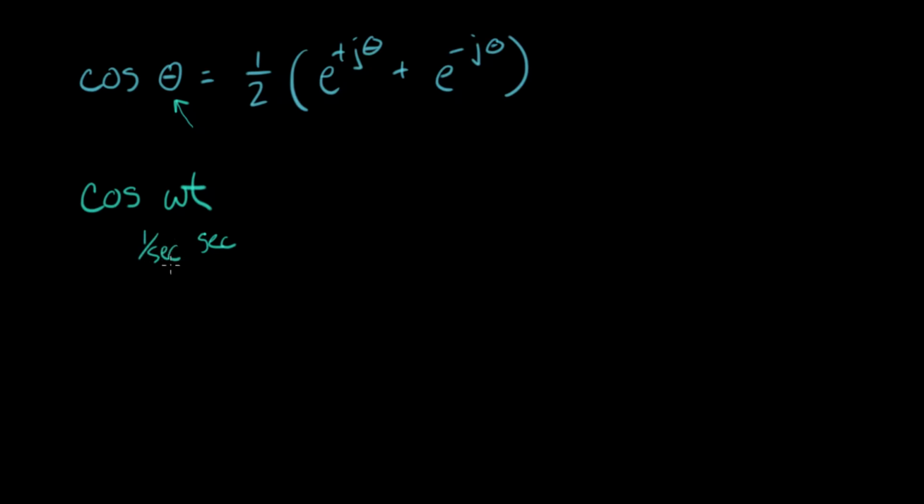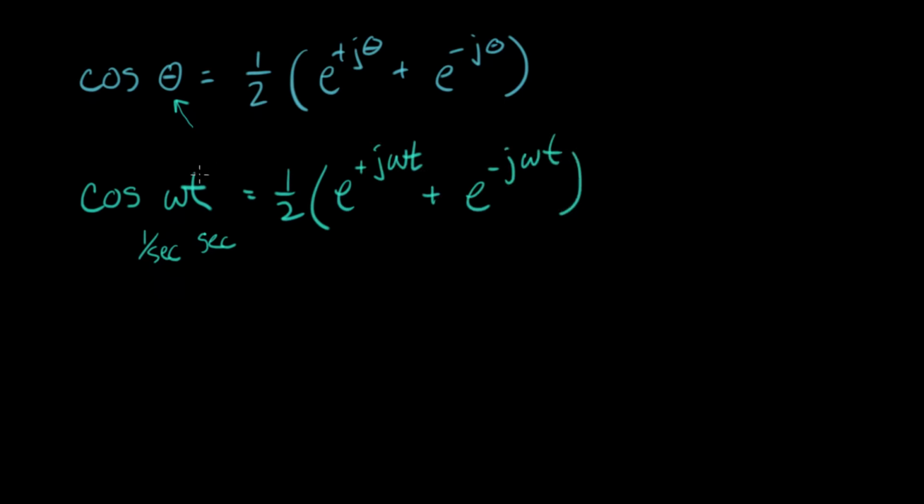That's the units of frequency, or per seconds. And when these multiply together, we get a dimensionless number right here, and we can take the cosine of a dimensionless number. So what does this equal to? This equals 1/2 times e to the plus j omega t plus e to the minus j omega t.